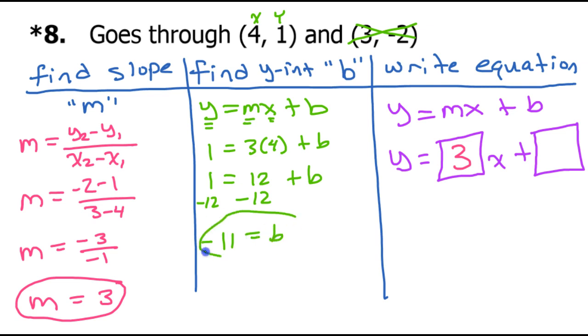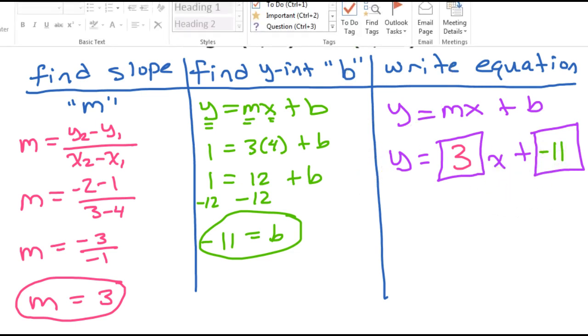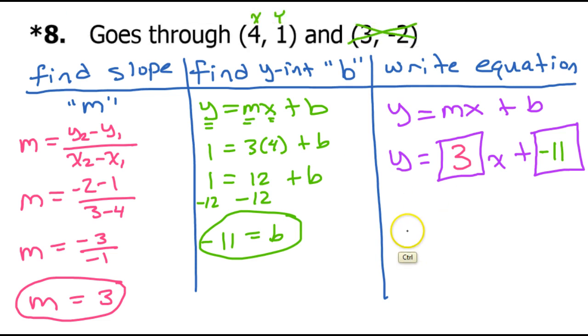All right? So b is negative 11. So now I can put the b into the equation right here, negative 11. So this is basically the equation. I'm just going to write it without the boxes and without putting plus negative. Instead of plus negative, always just put minus. So this will be y is equal to 3x minus 11.